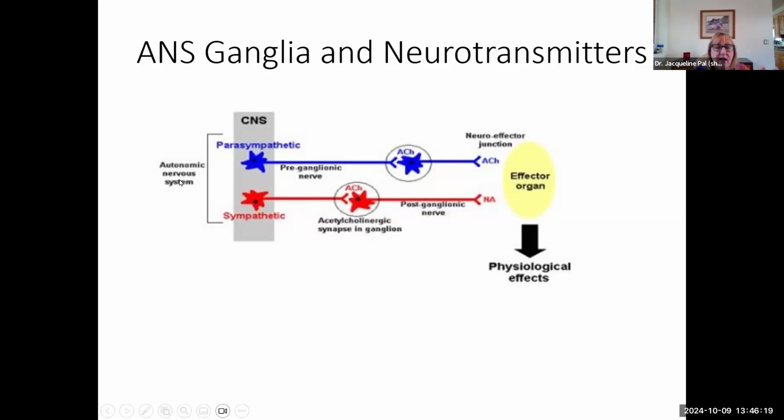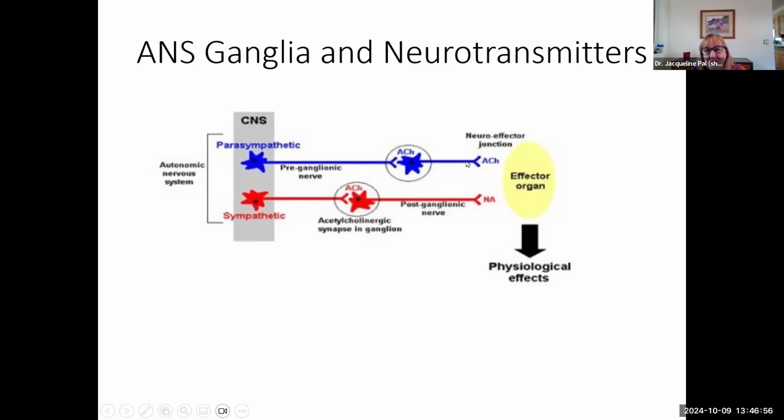Remember I said in the autonomic nervous system, we have a sympathetic division and a parasympathetic division. Well, both of those are going to have a preganglionic neuron and a postganglionic neuron. Okay. In the ganglion, acetylcholine is always the neurotransmitter. So whether you're sympathetic or parasympathetic, that preganglionic neuron is going to be releasing acetylcholine, which is going to bind to the postsynaptic neuron and cause a new nerve impulse.